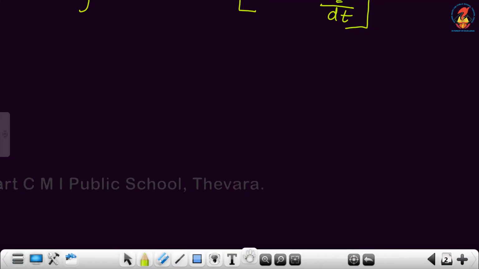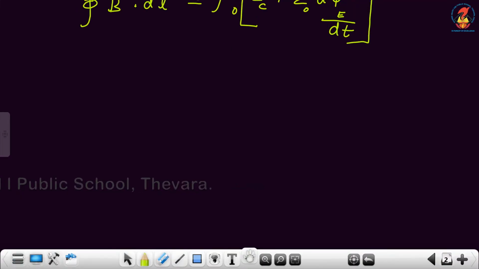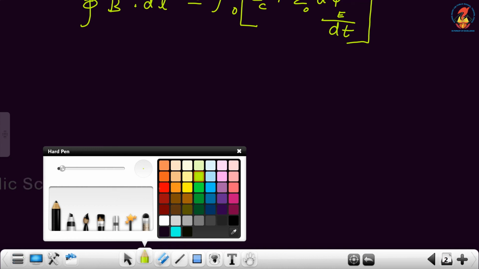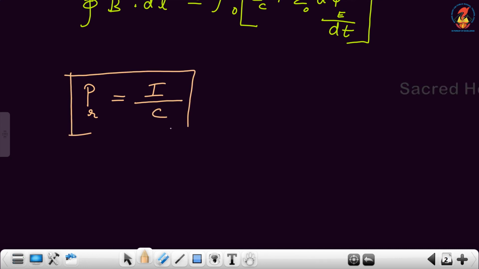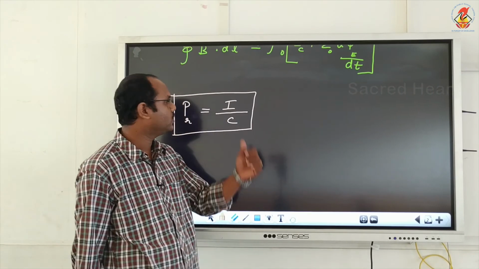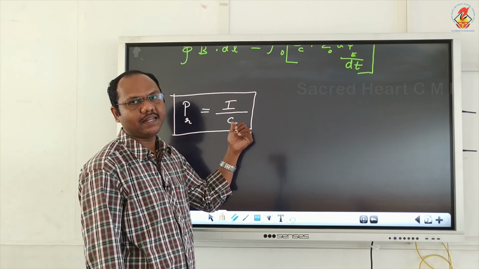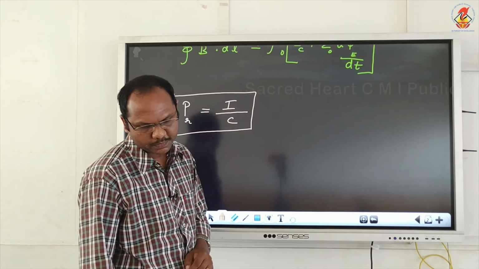I can write radiation pressure like this: P subscript R, radiation pressure, is given by the intensity of the wave divided by the speed of light.